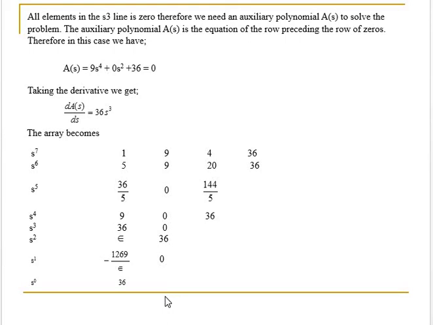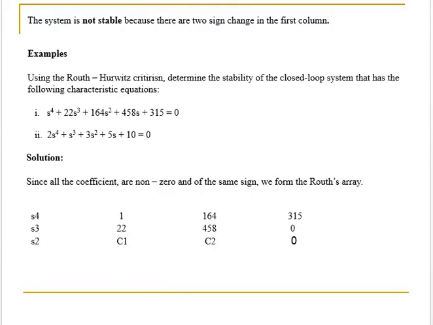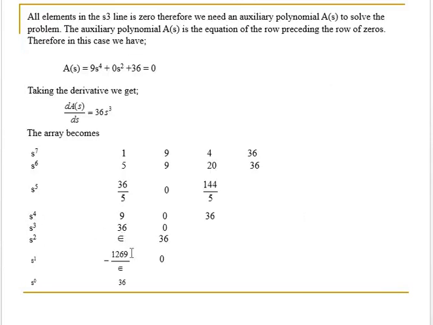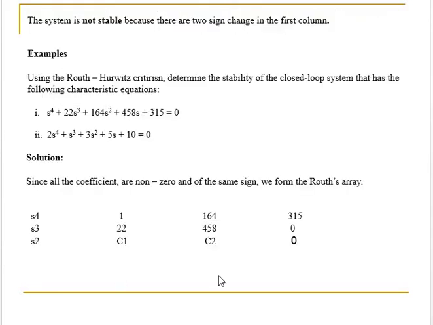There are two sign changes in this case. This system is not stable because there are two sign changes in the first column, and the system is unstable.